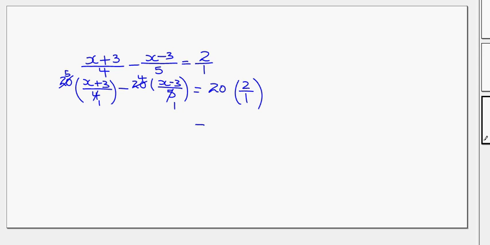So then we come back now, and let's work out now. You have 5, and this 5 is going to multiply by the x plus 3. But remember, if we're doing that, the 5 has to be multiplied by the x, and it also has to be multiplied by the 3. So we get 5 by x, which works out to be 5x. 5 by 3, which works out to be 15.